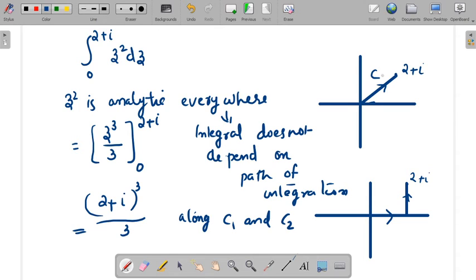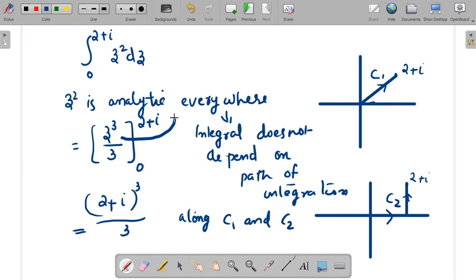If you name this as C1 and this path as C2, along both C1 and C2 the integral will be equal to z cube by 3 evaluated from 0 to 2 plus I, just like a real function. So you should check whether the function is analytic in the region where we integrate, and if it is analytic, integrate it just like a real function.